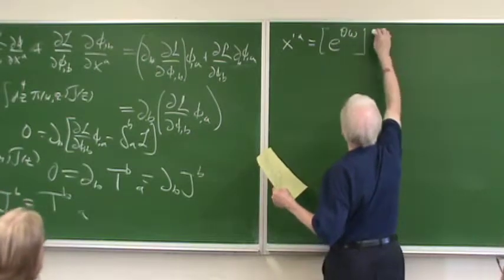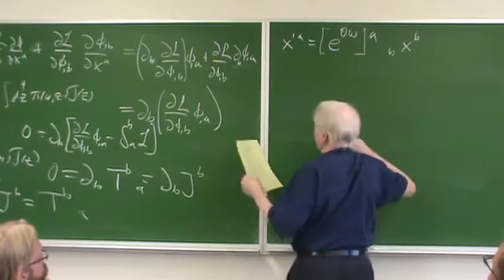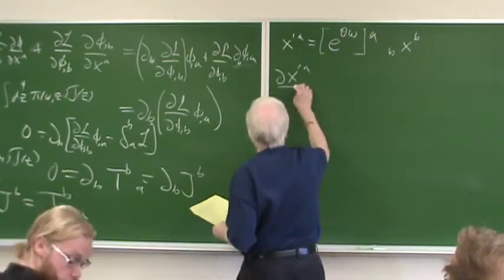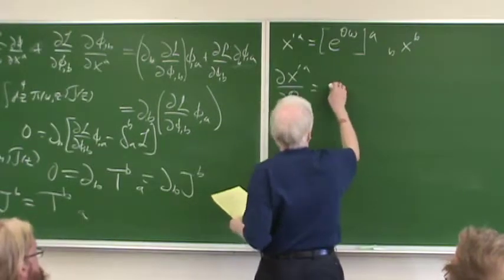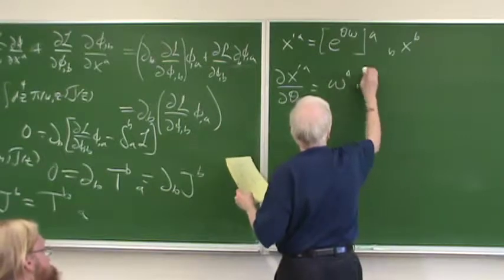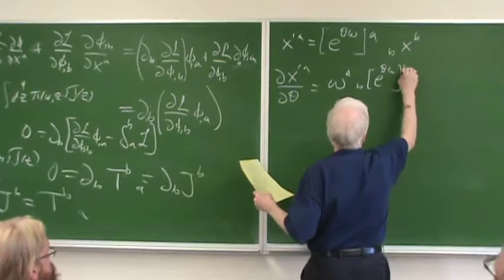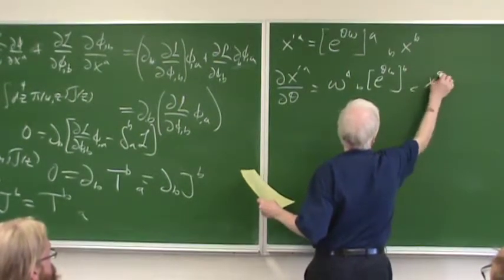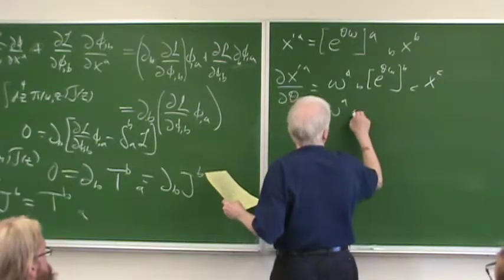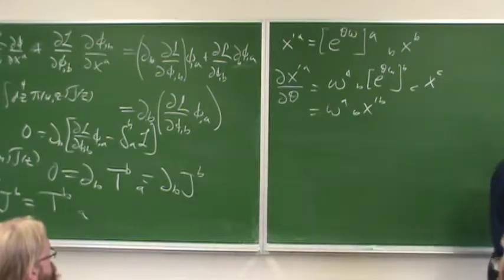And this gives you a matrix AB, XB. And so now what we're going to be looking at is partial x prime A, partial theta. Well, this is just omega AB on e to the theta omega BC XC, but this is just x prime, so this is omega AB x prime B. So basically that's how x has changed.